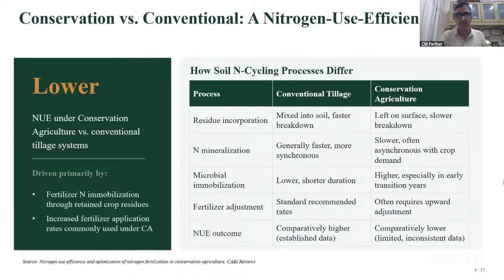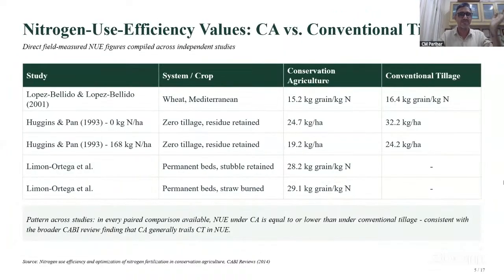And since I explained NUE, that is, how much grain can be produced per kg of nitrogen applied in conservation agriculture, in different regions it also varies. In the Mediterranean region, in the case of wheat, it is less than conventional. In the other scenario, with zero till and residue retention, it will also not be perfect under rainfed conditions, and moisture will also be the limiting factor.